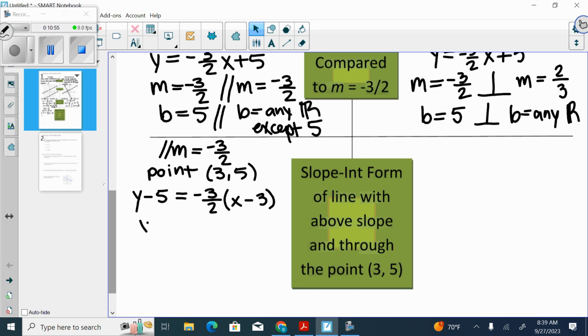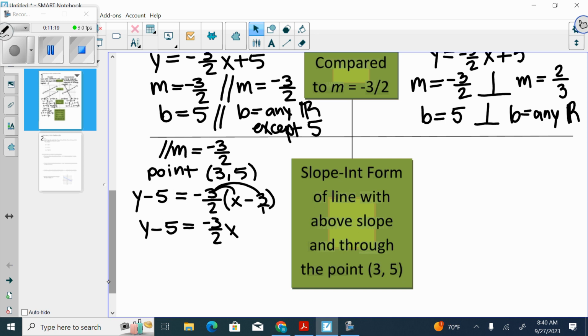So I would do that -3/2 times x, which would give us -3/2 x, good. And -3/2 times -3. So remember, whenever you're multiplying fractions, you multiply numerators, right? You could put this over 1 if you want to make it a fraction.